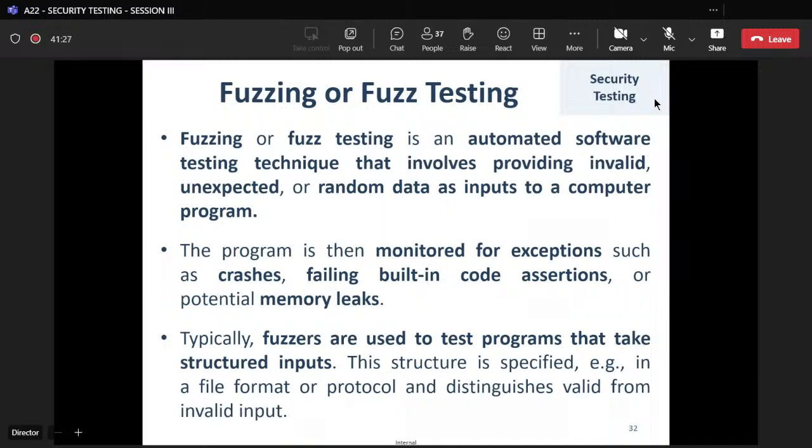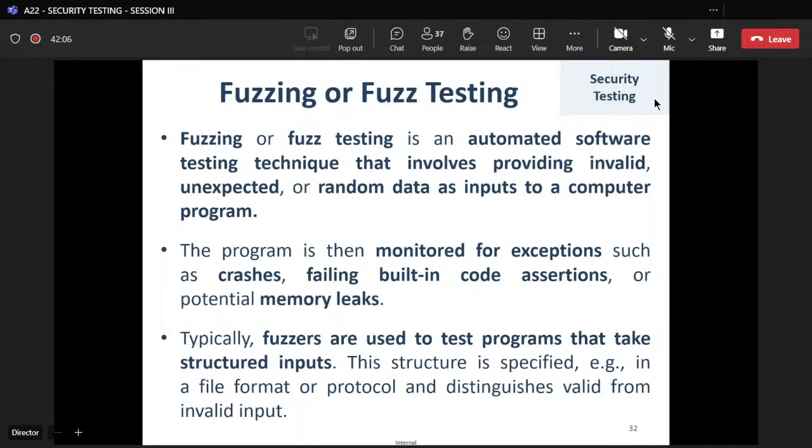Fuzzing is an automated software testing technique which provides invalid, unexpected, or sometimes random data as input to a computer program. The system may not receive any regular inputs; it will be invalid inputs, done in an automated manner, and in large volume. The intent is to know whether the system crashes, or how it performs when you give those kinds of inputs.